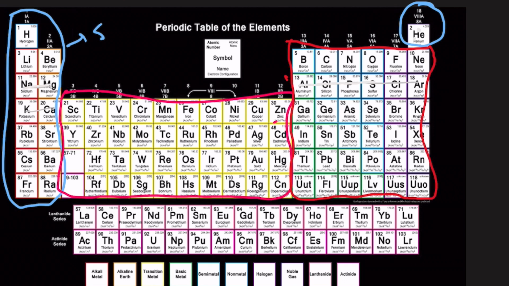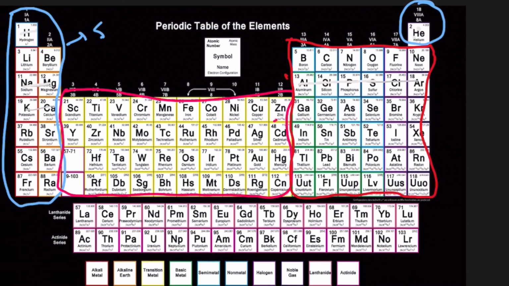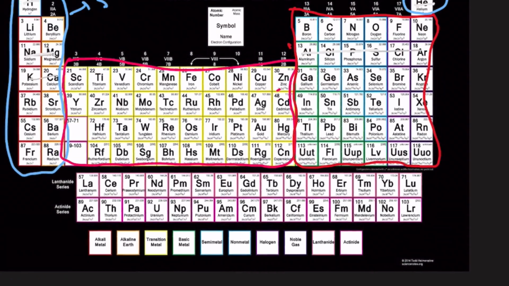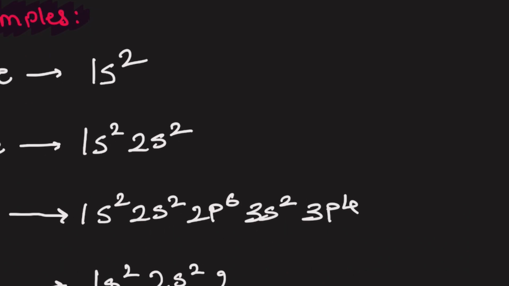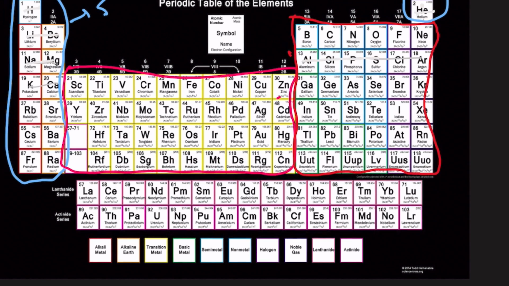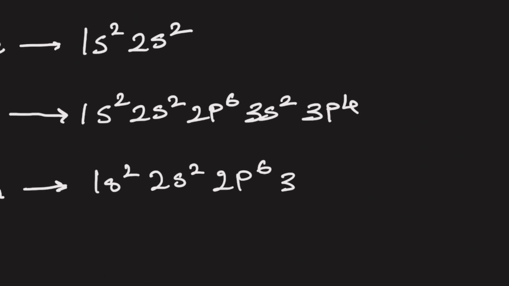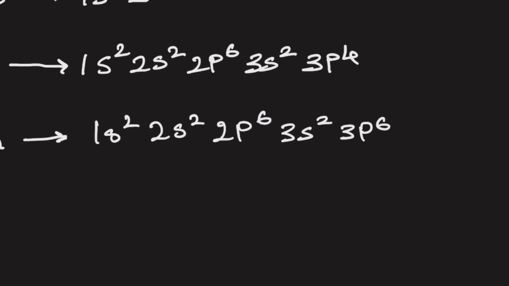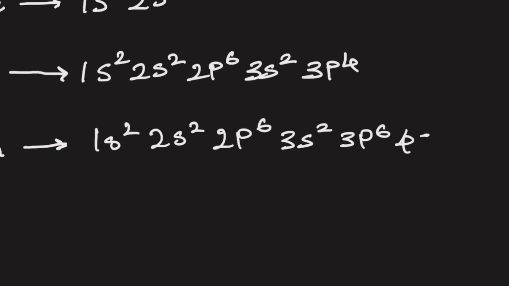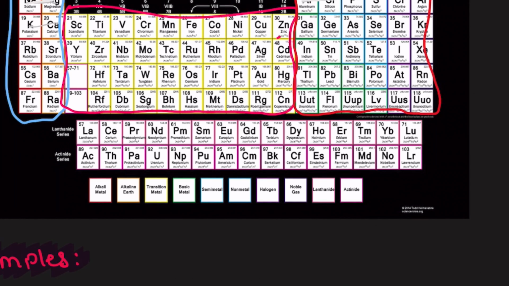Zinc. Zinc is part of the transition metals. So the electronic configuration for zinc would be 1s1, 1s2, 2s2, 2p6, 3s2, 3p6, 4s2, and then it will be 3d1, 2, 3, 4, 5, 6, 7, 8, 9, 10.